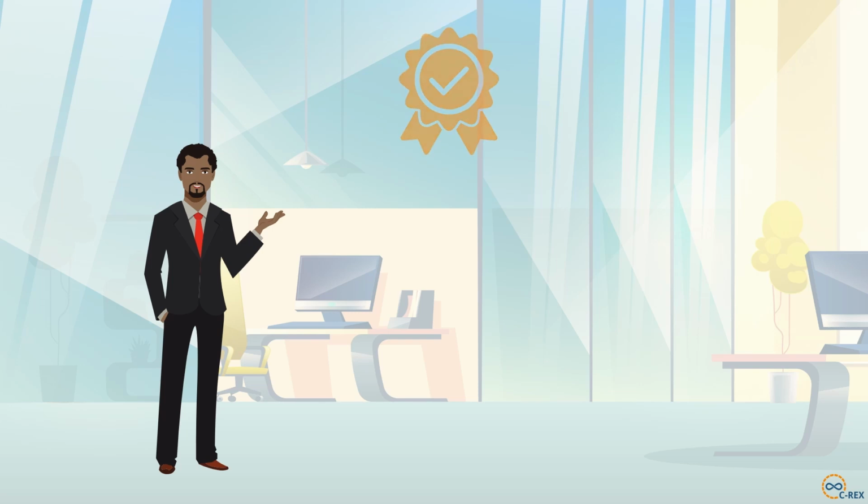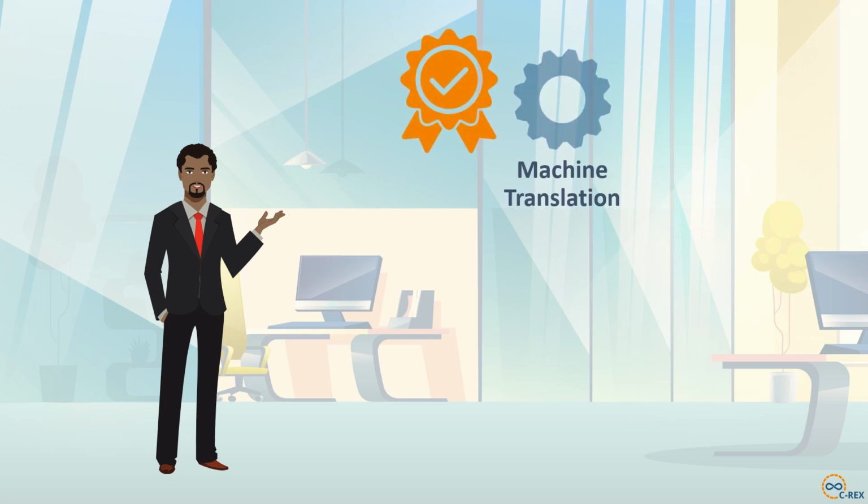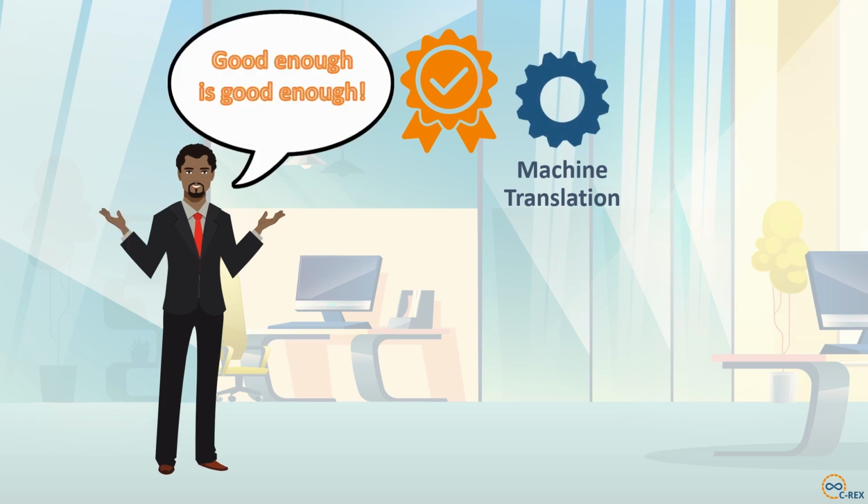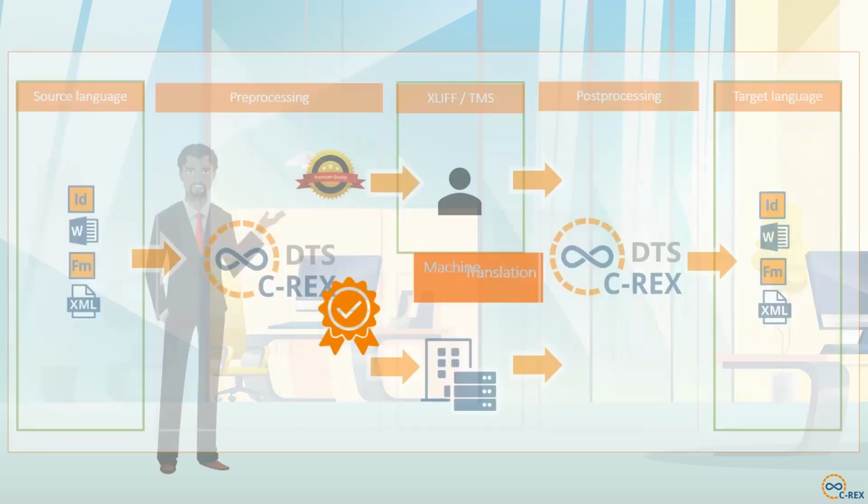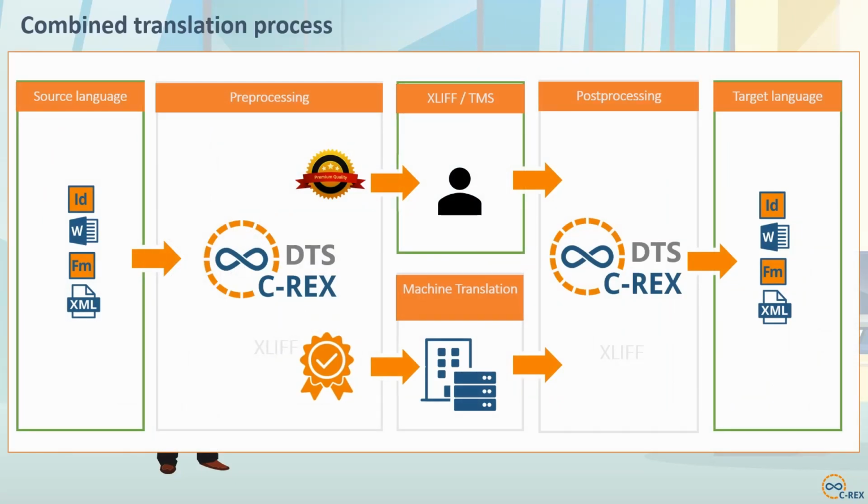For Mike's company, the translation quality is just perfect in this automated process, in which translation by machine translation engines plays a central role. Good enough is good enough, as Mike likes to say. For those who require more assured quality, for example for security instructions and other critical information, this process can of course be combined with a conventional translation memory-supported human translation process.